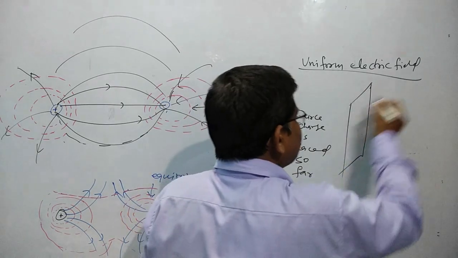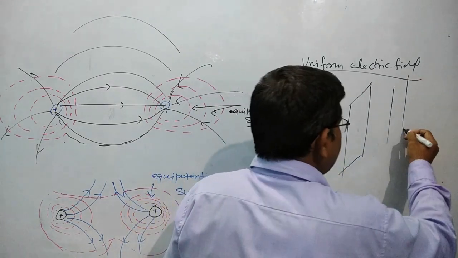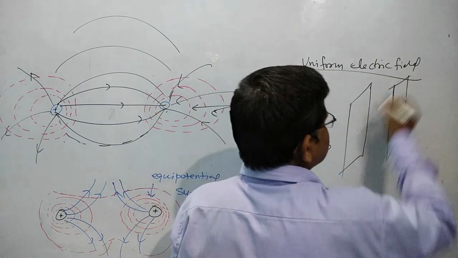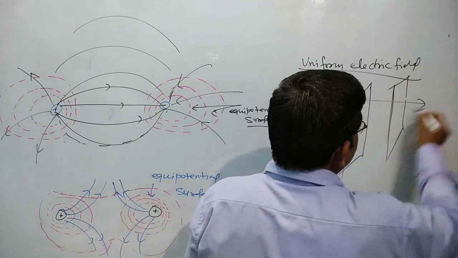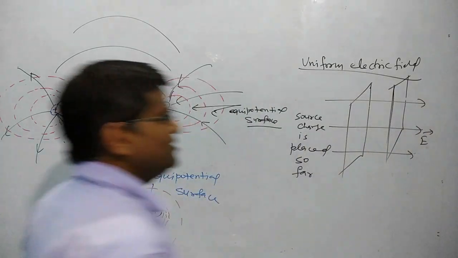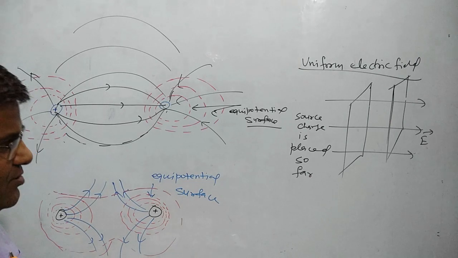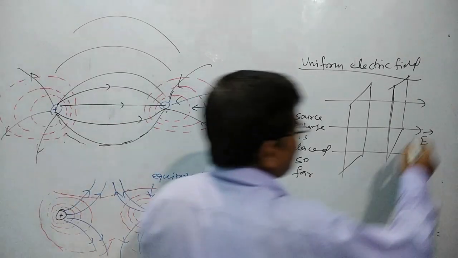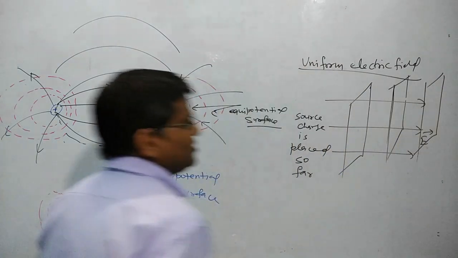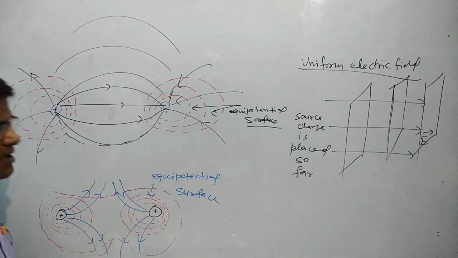Then the equipotential surfaces are parallel and at equal distance. One thing more, at equal distance. Then the perpendicular lines are the electric field.